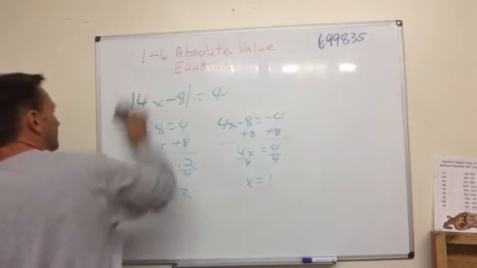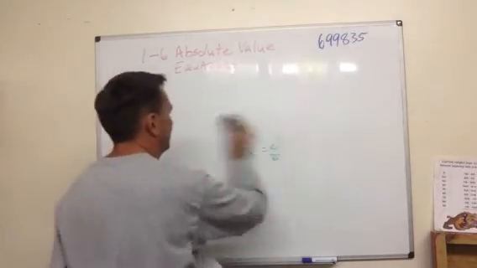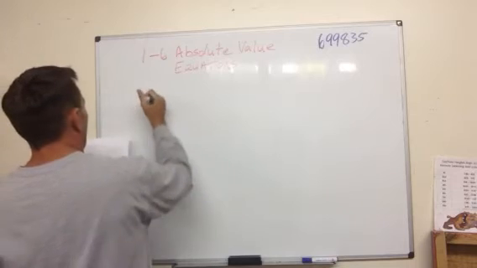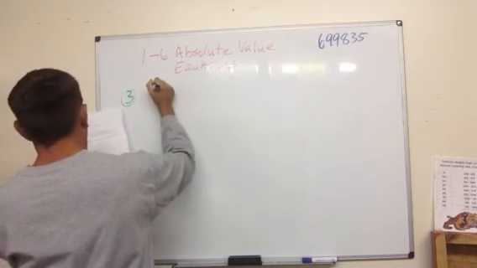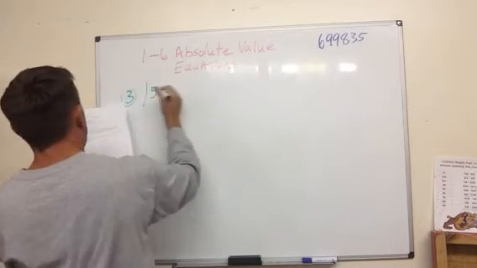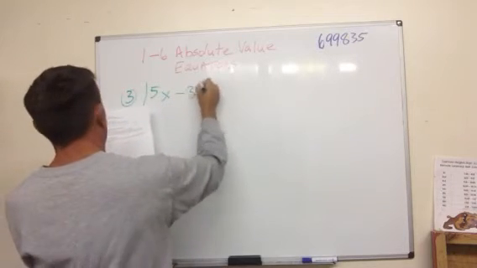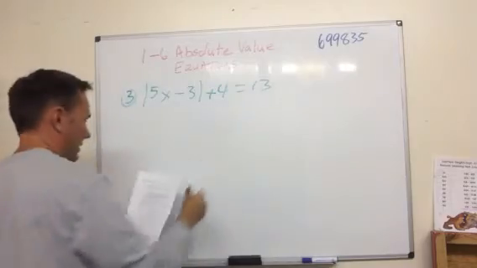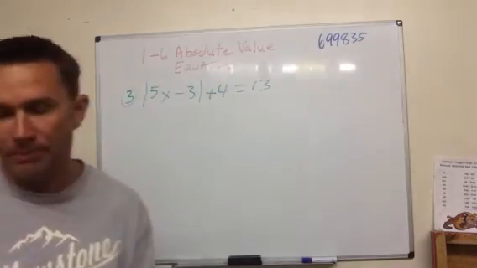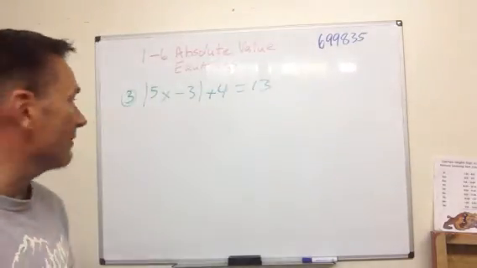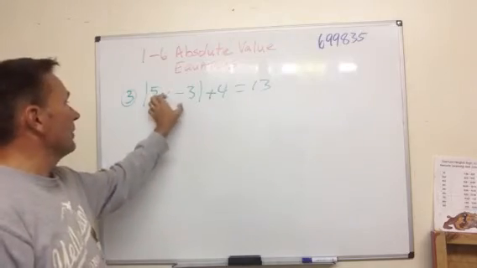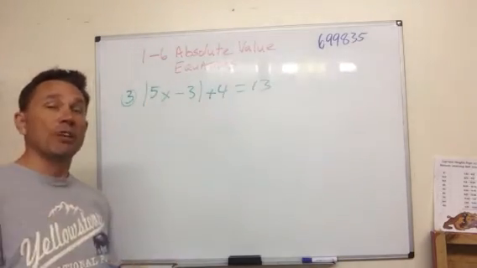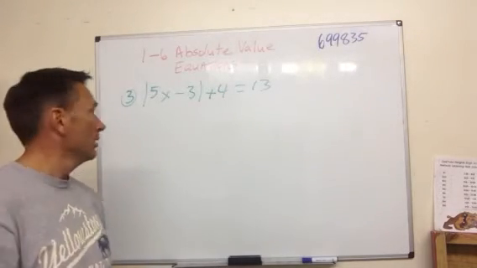Problem 3. The absolute value of 5x minus 3, plus 4, equals 13. Now remember, in part D of our notes, it says we have to isolate the absolute value first before we can make our two problems. This is one of the biggest mistakes students will make.